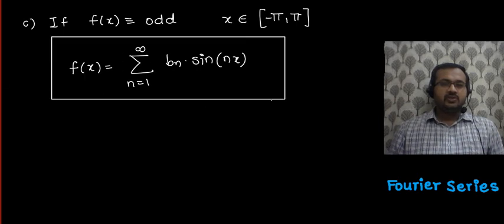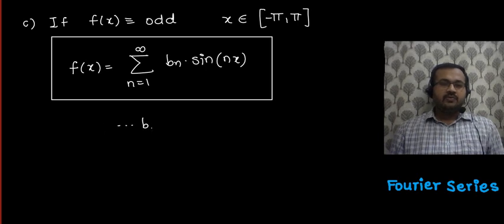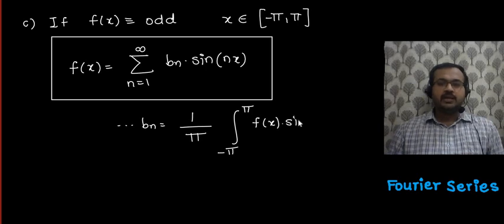And this is the Fourier sine series, where the value of bn is evaluated by the same formula as in the previous case, 1 upon pi integration minus pi to pi f of x multiplied by sin nx.